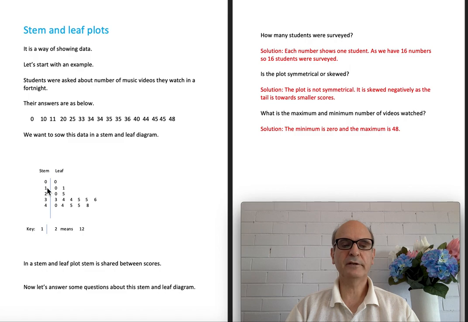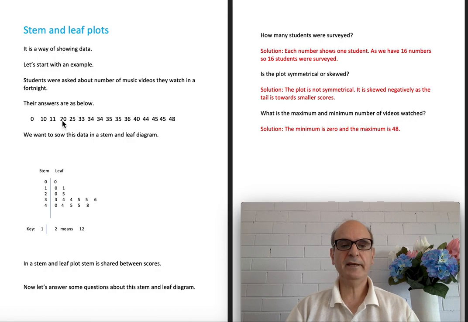So 1 is already here, so to represent 11, I put another 1 here. So these two numbers together, 1 and 1, represent this number 11.